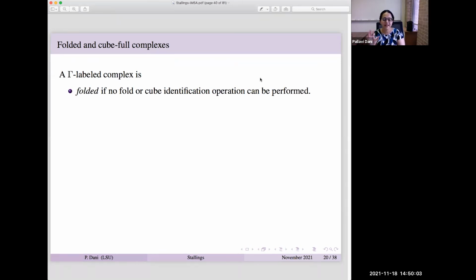But in any group that's not free, you have some relations. And in order to get this property that every reduced representative of a group element should be some path in the completion, the only way you're going to be able to get that is by actually attaching these cells corresponding to the relations. The fact that they're cubes comes from the fact that these are right-angled Coxeter groups.